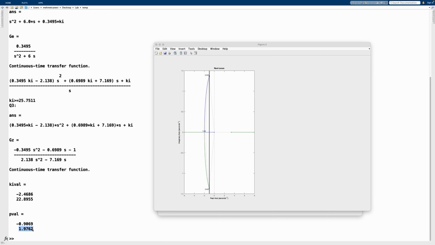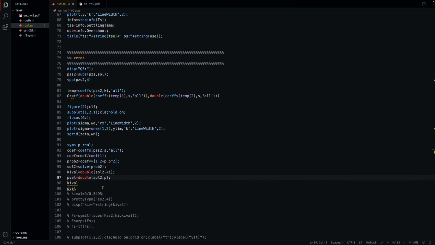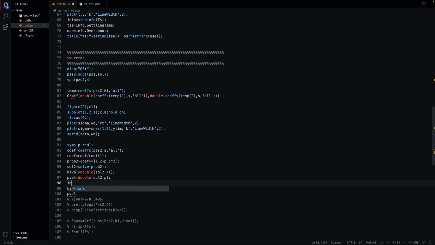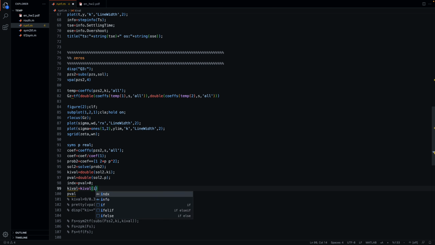So I'm going to eliminate the negative one and go with the positive one, because that's what I'm interested in here. In order to do that, index equals p-val greater than 0, and ki-val is going to be ki-val index, and the same goes for p-val index.